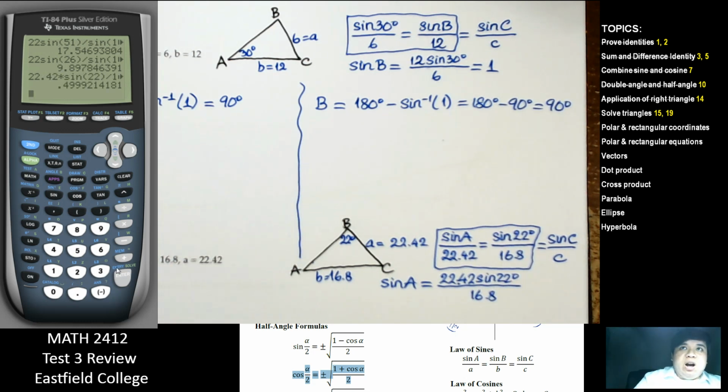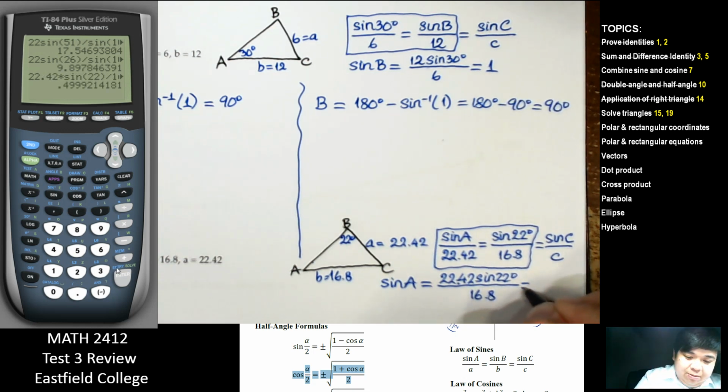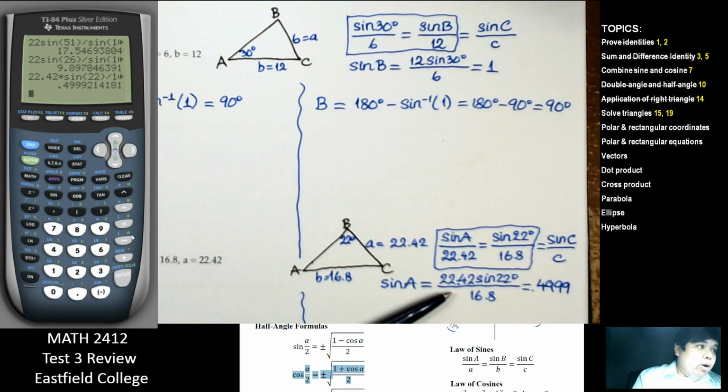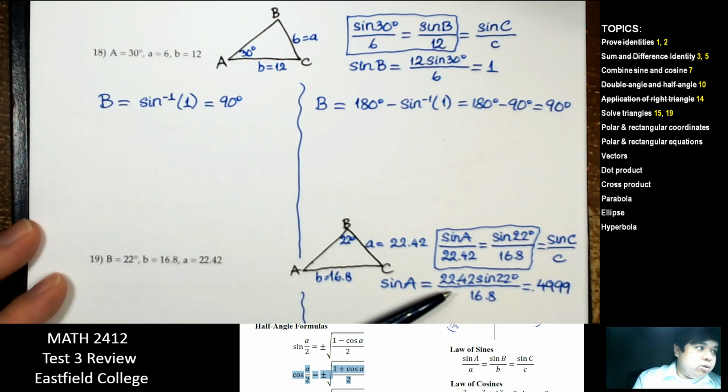And we have 0.4999. That's close to 30 degrees. The inverse, that is. Now, that is sine of A. For the inverse, to solve for angle A, there will be two scenarios.